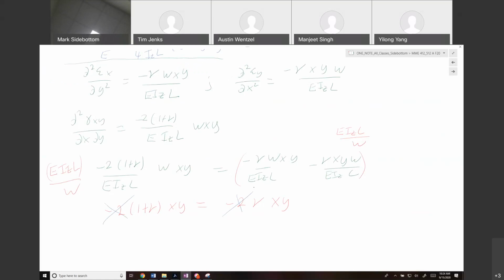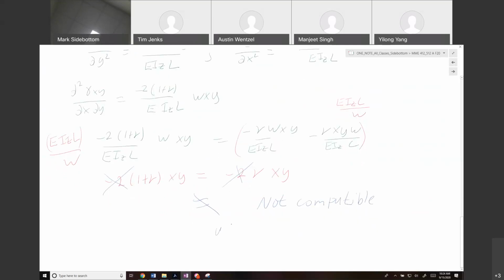Because these are not equal, it's not compatible. The only time it is compatible is if x or y is equal to 0.